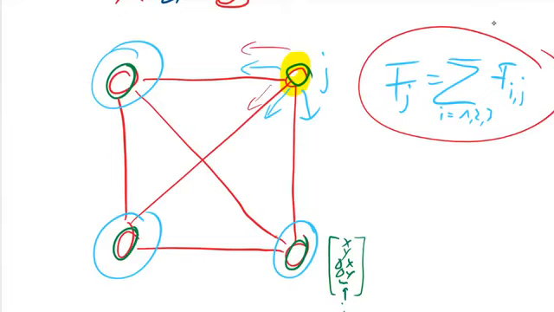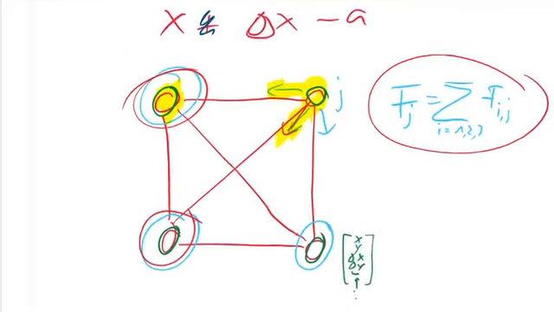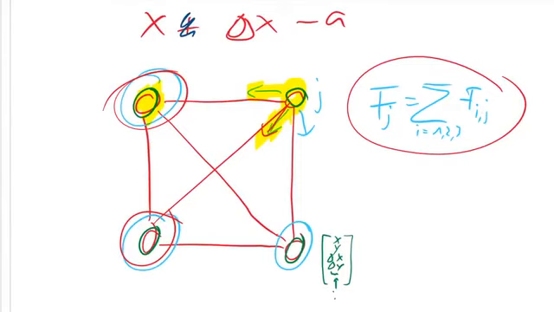It's also pulled in this direction. Yes, but with independent we mean that this force right here is only dependent on this particle, and the force diagonally is only dependent on that particle. There is no part of the particle up here that modulates this force right here, right? So you can calculate the total force as an independent sum across the individual forces.